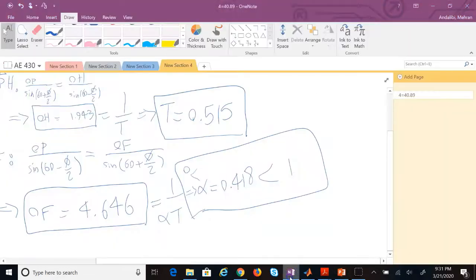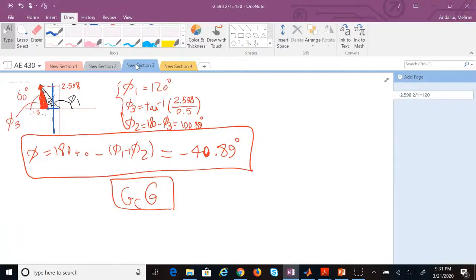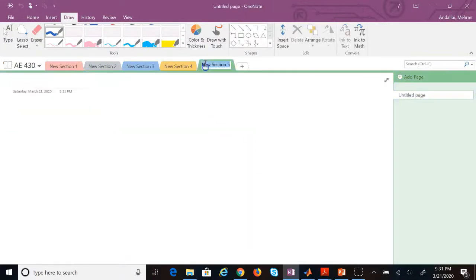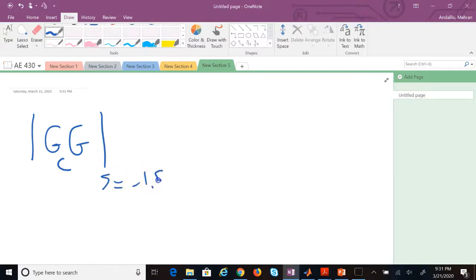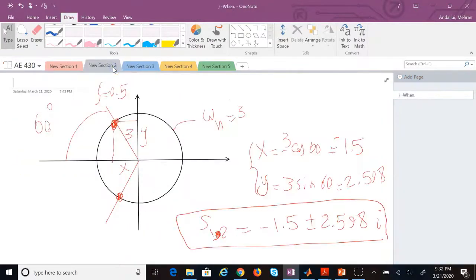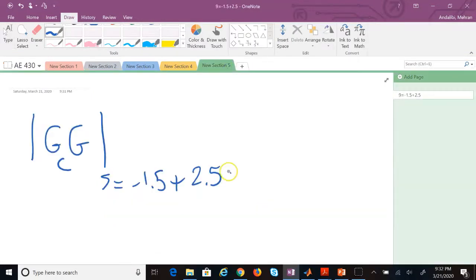So if I go back and look at this example, what was my open loop transfer function? GC times G. The magnitude of this at this new pole should be 1. So the magnitude of G GC at the location s equals negative 1.5 plus 2.598i, this should be 1, right?